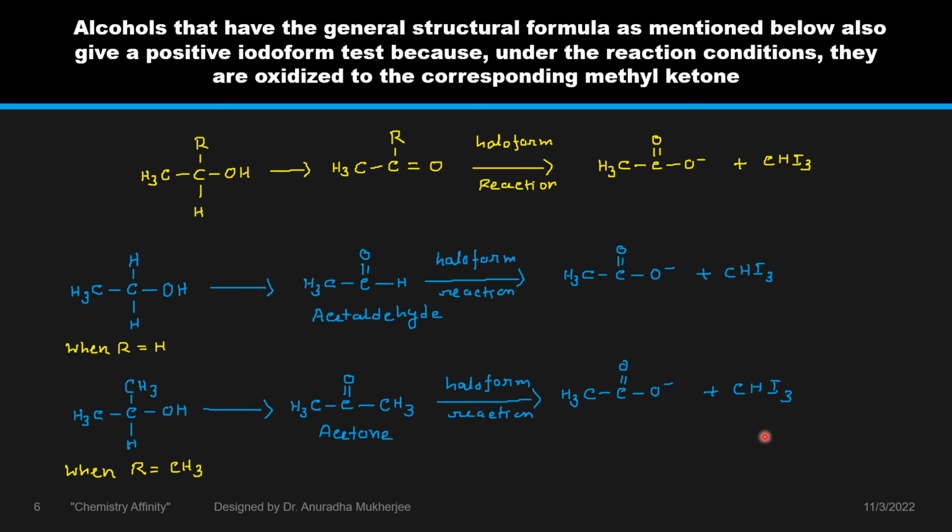So from this discussion, it is clear that all kinds of methyl ketone show the positive iodoform test. Ethanol and isopropanol show the positive iodoform test because in presence of NaOH and iodine, they convert into methyl ketone, and acetaldehyde is the only aldehyde which shows positive iodoform test.